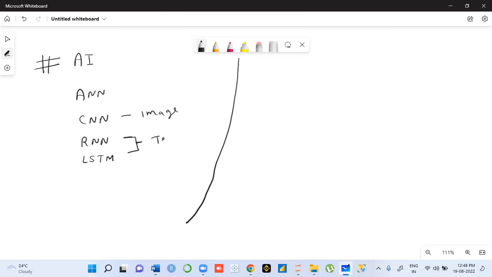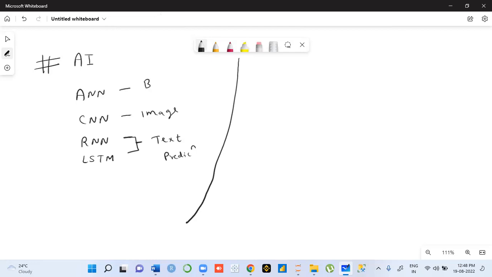This is for your text prediction. Whatever you keep on typing in WhatsApp, it can also predict what the next word should be. You get optional suggestions. At the back end, they run these algorithms.